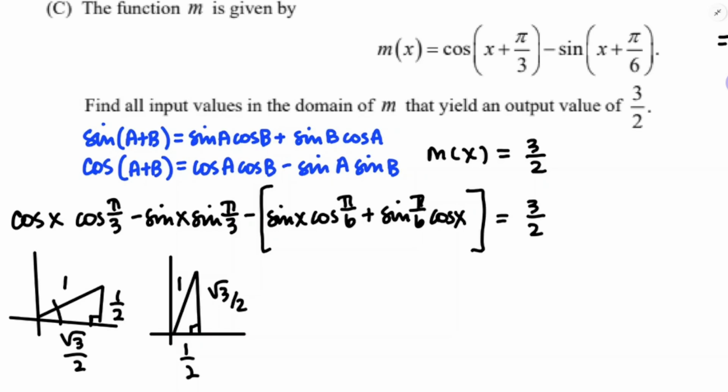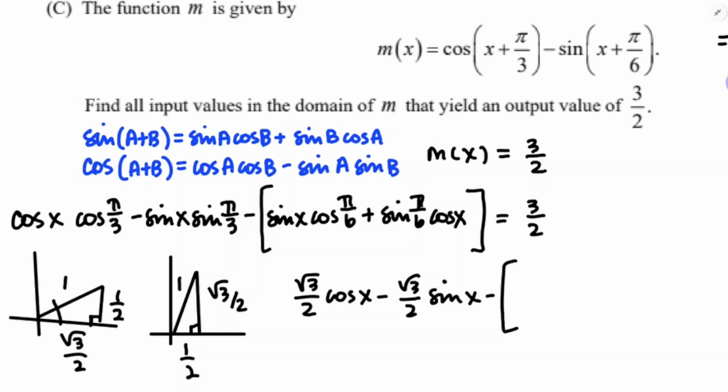Alright, so cosine of pi over 3, that's root 3 over 2. Okay, so root 3 over 2 cosine x minus sine x sine pi over 3. Okay, so that's minus root 3 over 2 sine x minus, man, this one has got a lot going on here.